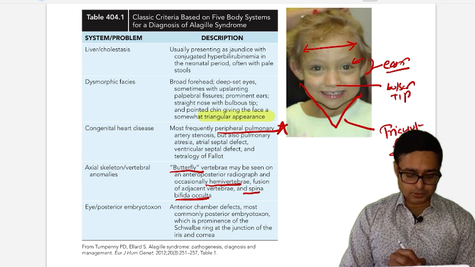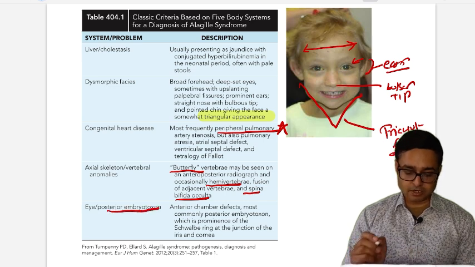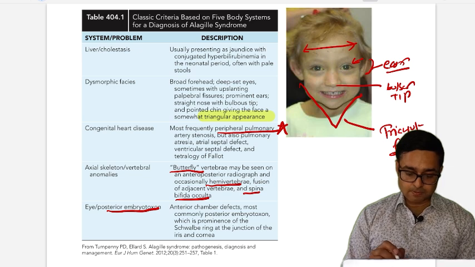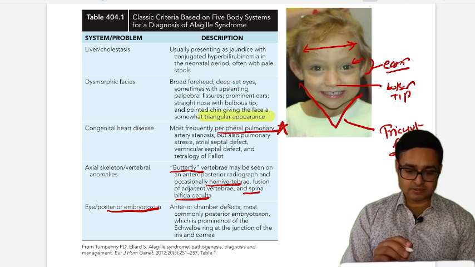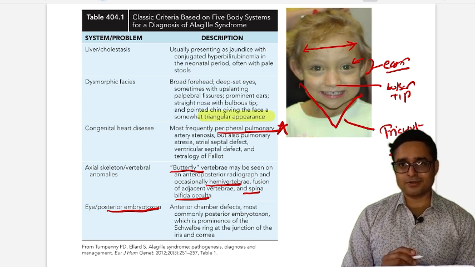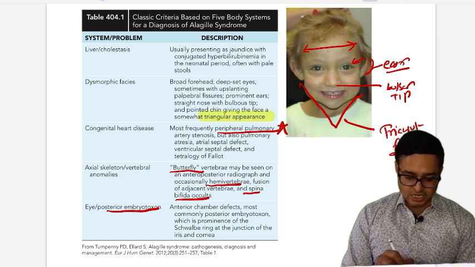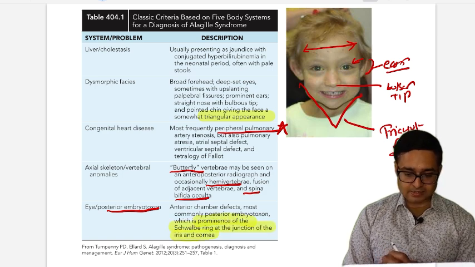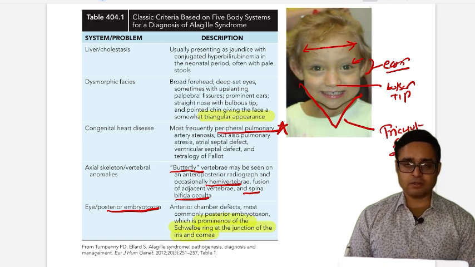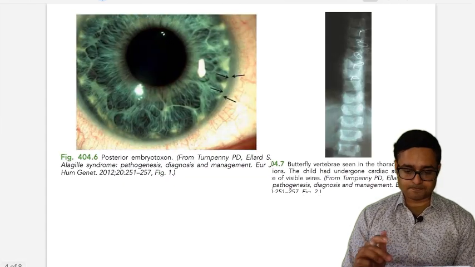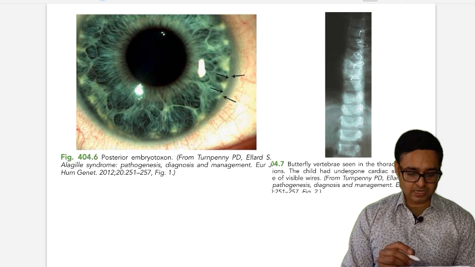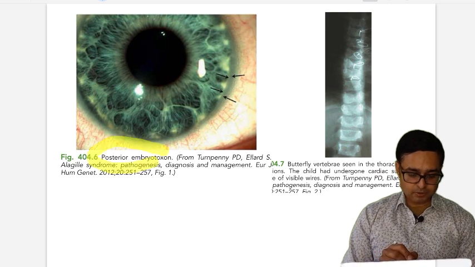In the eye, posterior embryotoxon, actually an anterior chamber defect. What is posterior embryotoxon? This is important, has been asked once. This is actually prominence of the Schwalbe ring at the junction of iris and cornea. Just remember this.